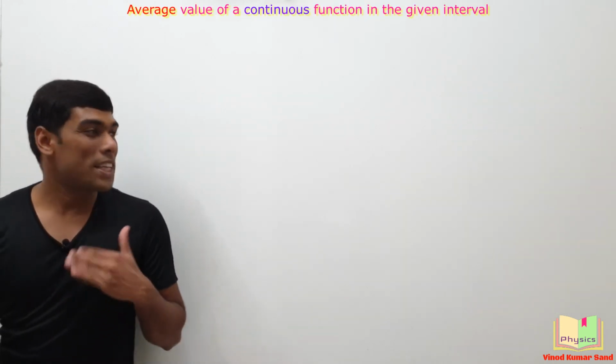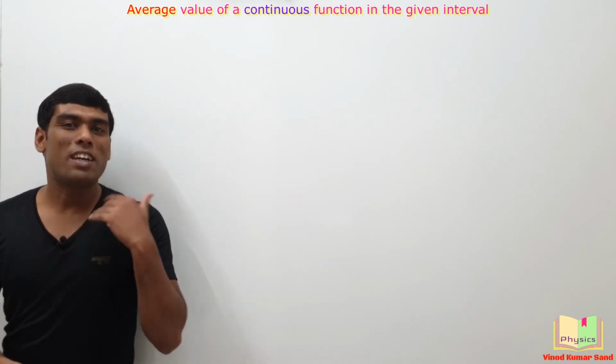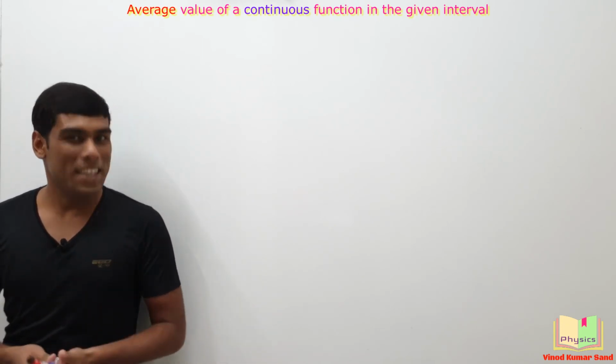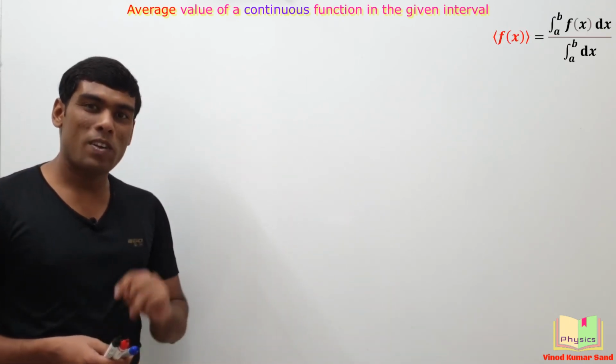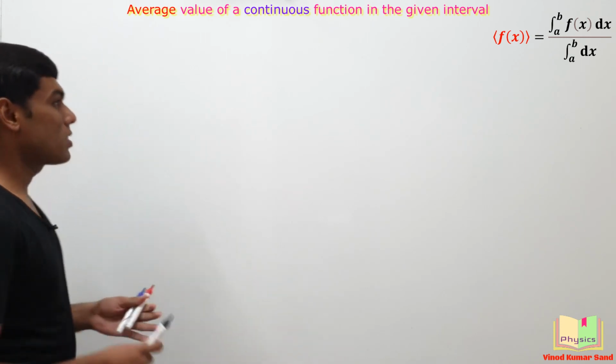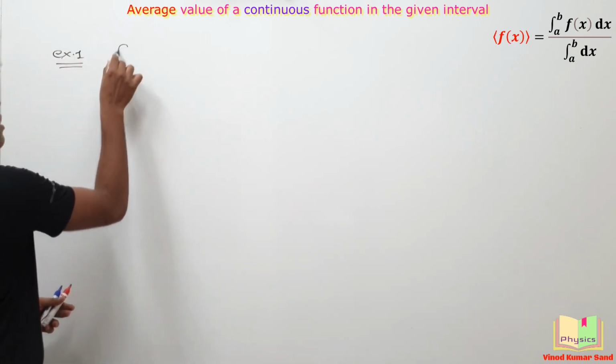Now we are into the last topic of this video, the average value of a continuous function in the given interval. You can see the formula for the average value. I'll be taking up example to illustrate this. Here is example number 1.